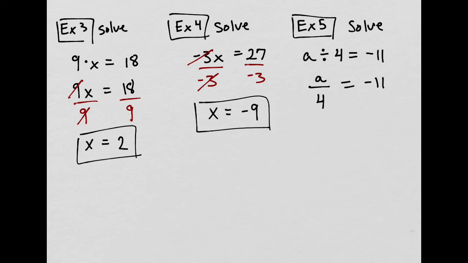So the opposite of division is multiplication, and that means I'm going to multiply both sides by 4. And I have a 4 on the top and a 4 on the bottom. That cancels out just like I had a -3 on top, -3 on bottom. That's the same idea there. So then we just get a equals, and then -11 times 4 is -44.